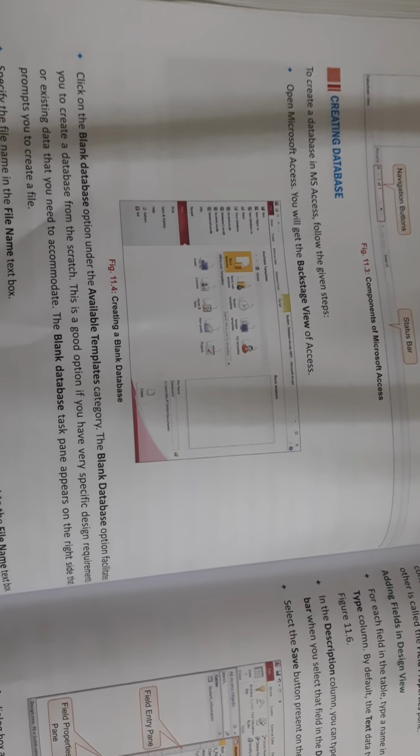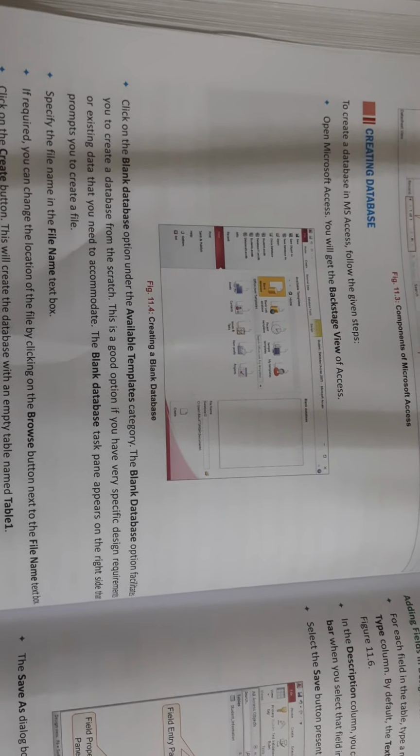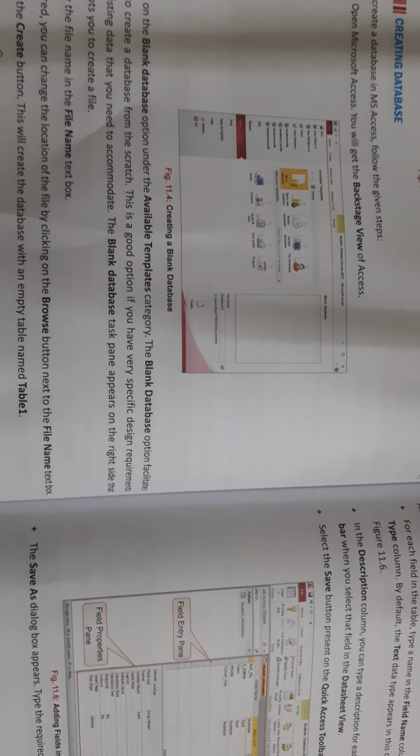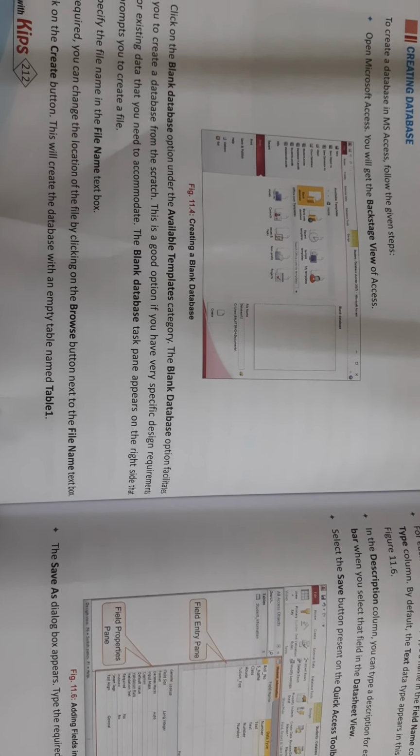You have to click on the blank database option which is available under the templates category. The blank database will facilitate you to create a database from scratch, because this is a good option if you have very specific design requirements or existing data that you need to accommodate. The blank database task pane appears on the right side that prompts you to create a file.